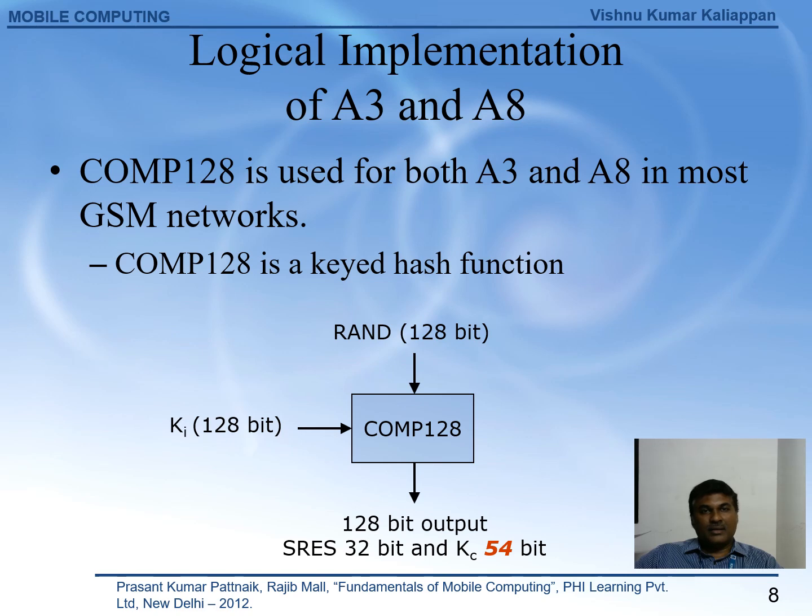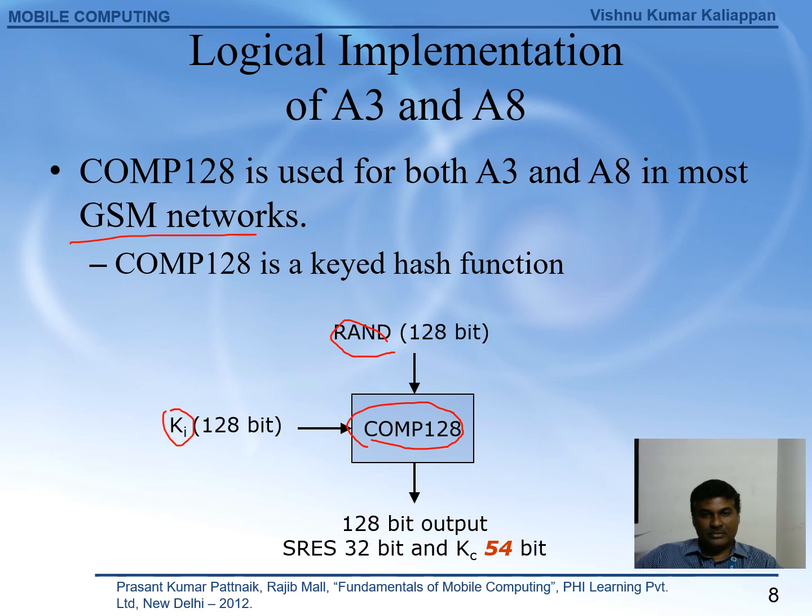So both of these algorithms, mostly all GSMs will have this, as I said before. COMP128 is used as an integrated module, where we are given a random number and KI.